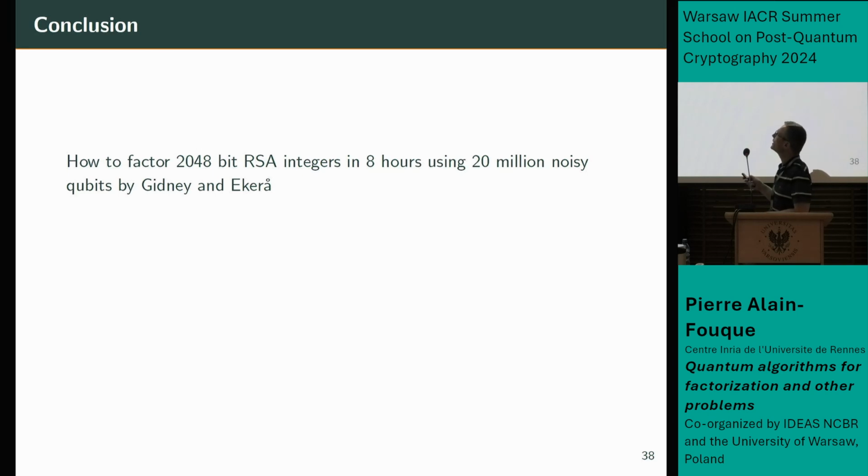In fact, Gidney and Ekerå some years ago did some exact computation, and they found that they need 8 hours using 20 million noisy qubits to factor a 2,000 bit RSA modulus. So this is quite large. This is because you need a lot of physical noisy qubits to implement logical qubits.